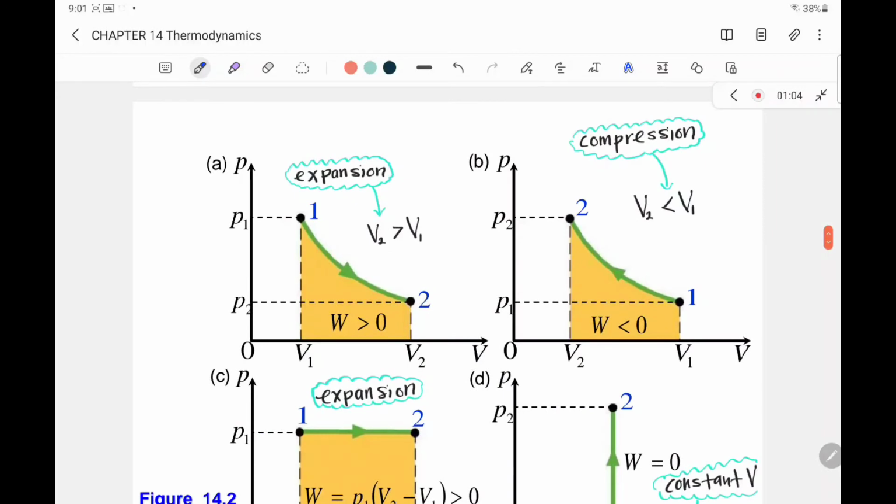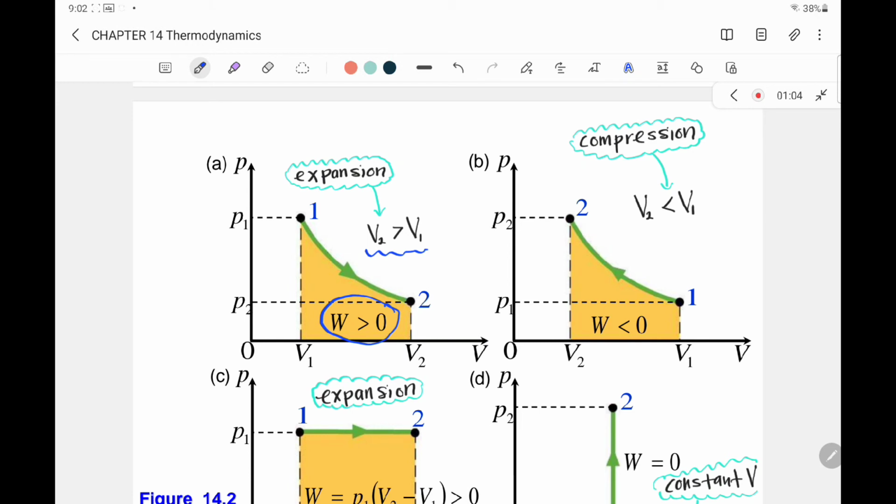Okay. PV graph A is the expansion of gas. The final volume is greater than initial volume V1. So work done is greater than 0. The sign of work done is positive.